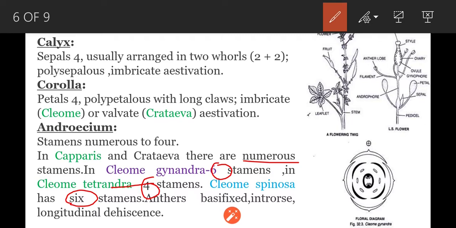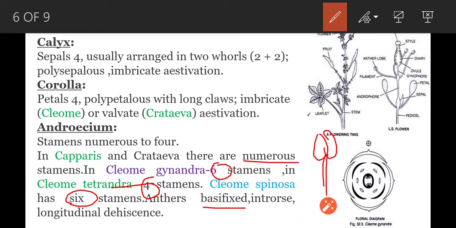And anthers are dithecous and basifixed. Dithecous means 2 lobes are present in the anther, and filament is attached at the base of the anther, so that it is called basifixed.